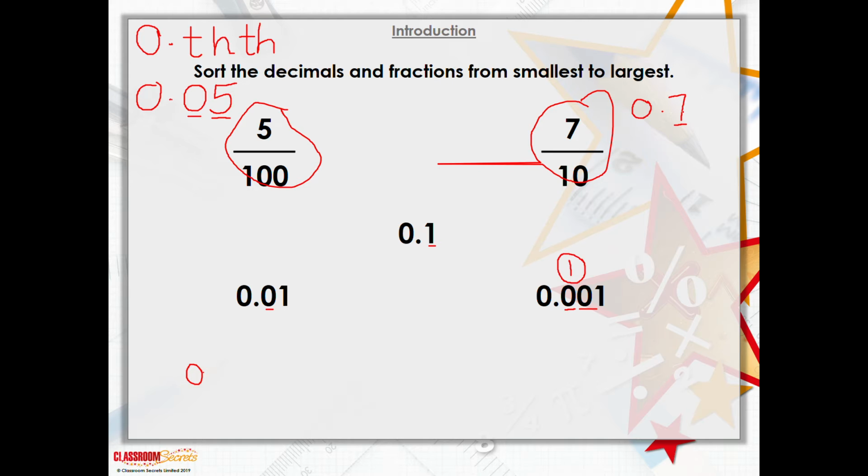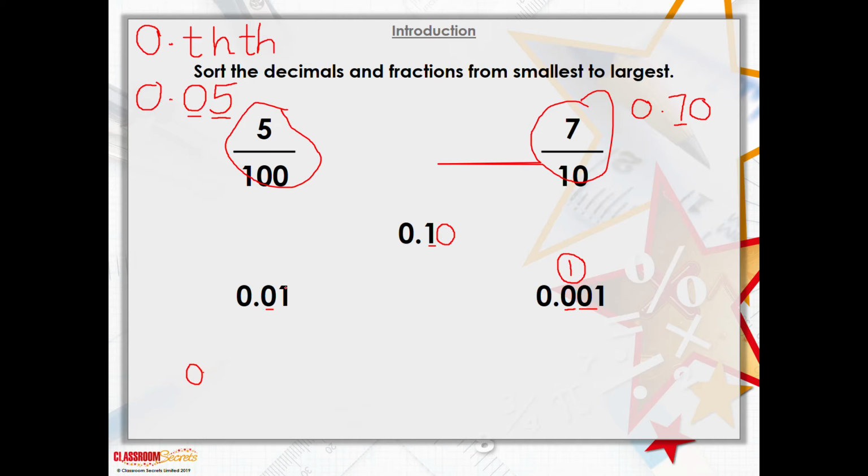In 0.7, we have 0 hundredths but 7/10ths. 0.1, we have 1/10 and 0 hundredths. And 0.01, 0.05. So the next smallest would be one of these two, 0.01 or 0.05.